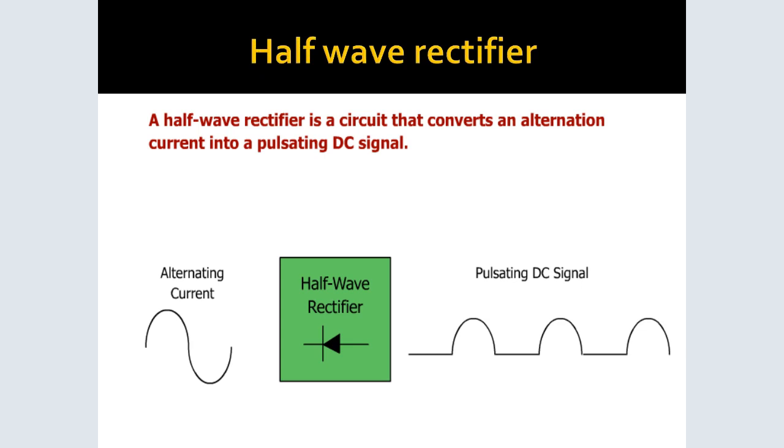Meaning, because we are using one diode, we are only able to convert half a cycle. The other half will not be converted.